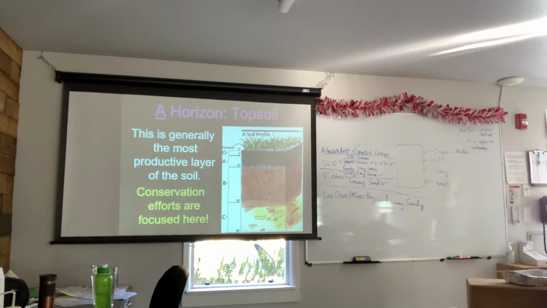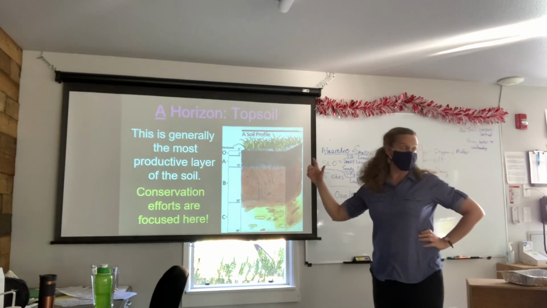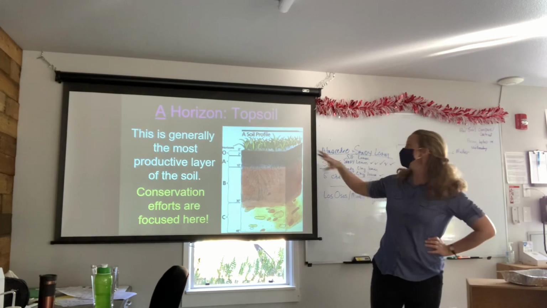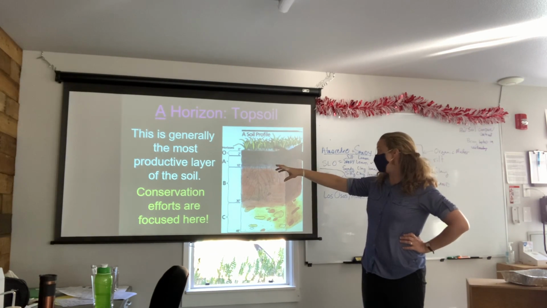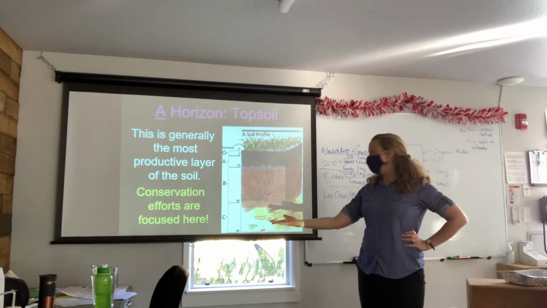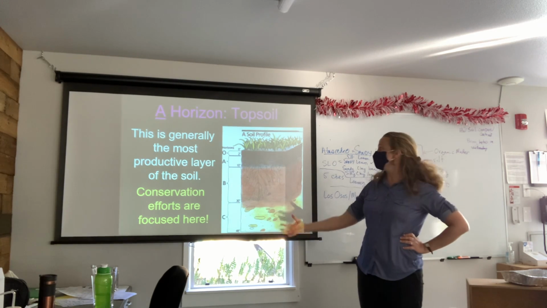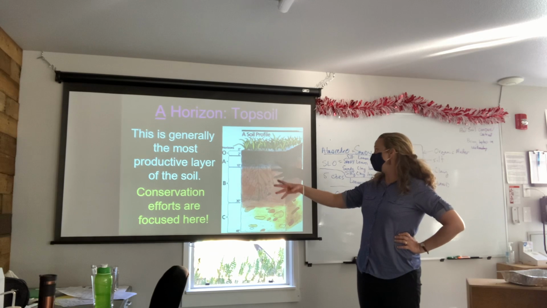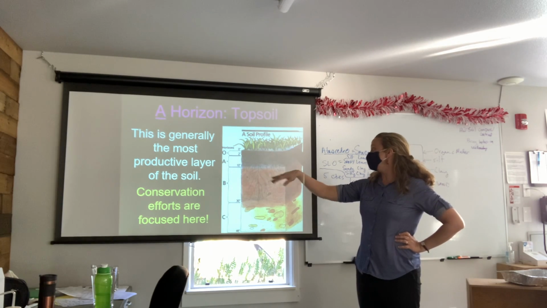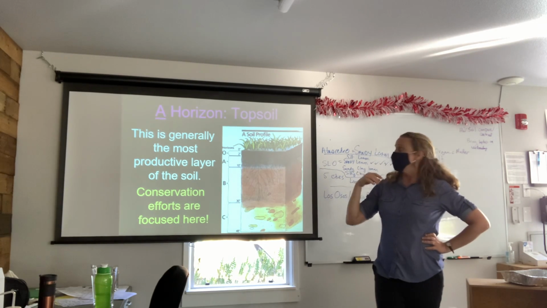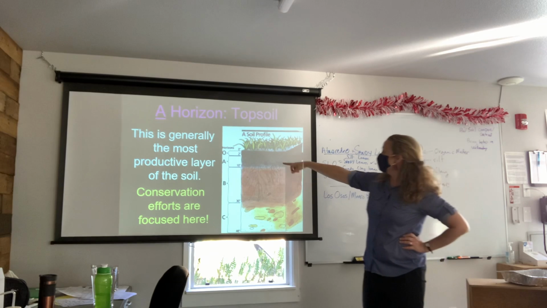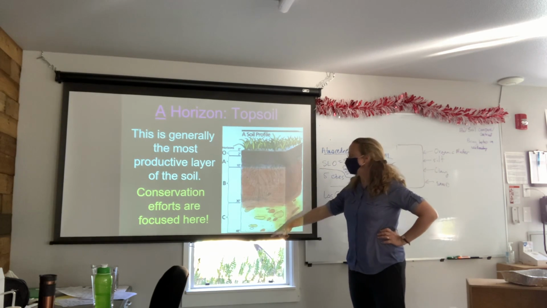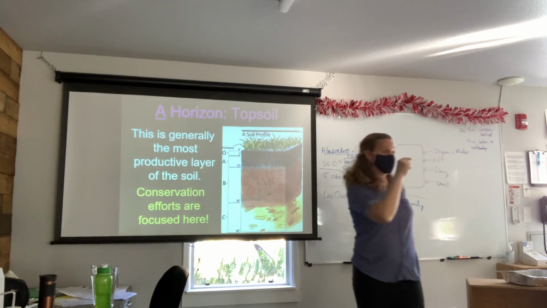Okay, so as I said, this is the layer that we grow things in. It has the organic matter coming down from the top. It has really weathered rock and minerals from the bedrock that have slowly eroded and weathered and are now available. It's very small. Look at it compared to the B or the C layer, it's tiny.